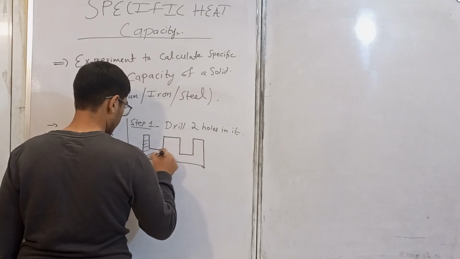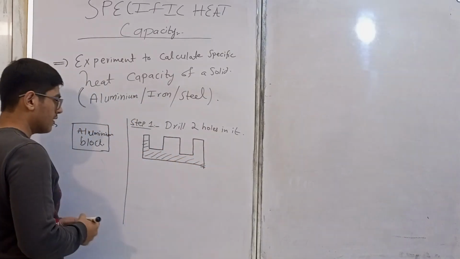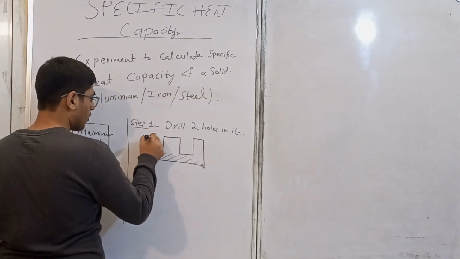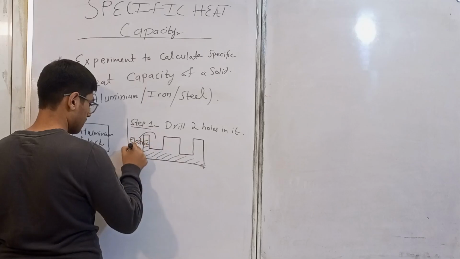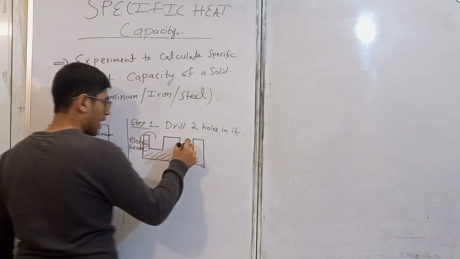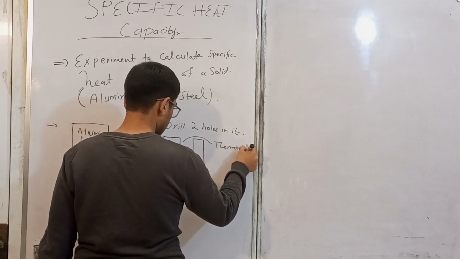This is the covered part of the block, and these are two holes. The one is for the electric heater, and the other is for the thermometer.